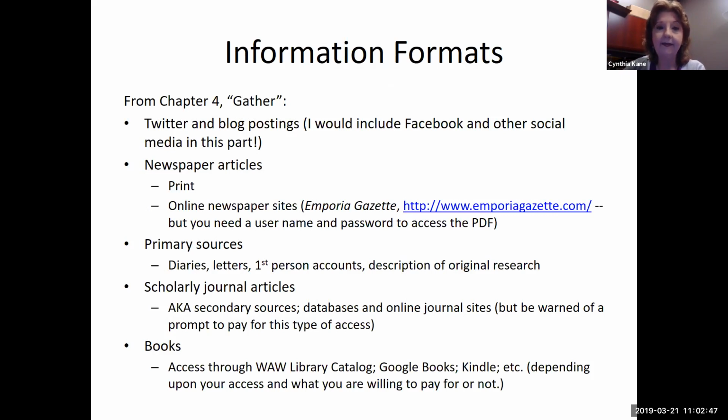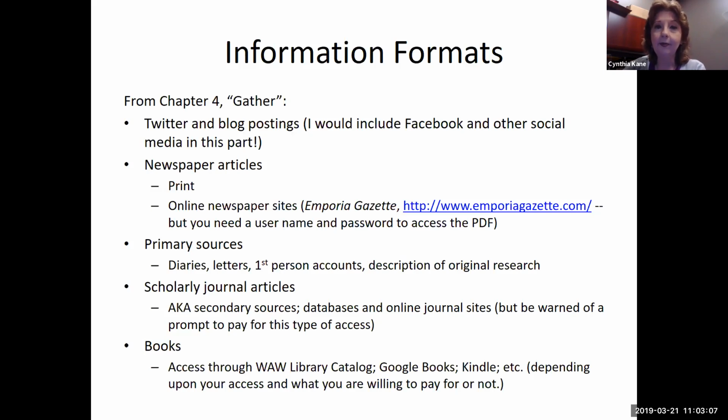And you notice that I've noted on here that sometimes you do have to pay for access to information. We've talked a little bit about this in one of our previous video tutorials, that information can indeed be a commodity, and who has access to that information can be restricted by that commodity. So the Emporia Gazette is a good example.